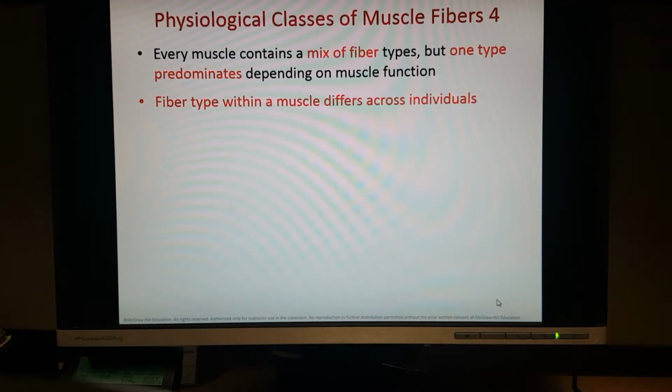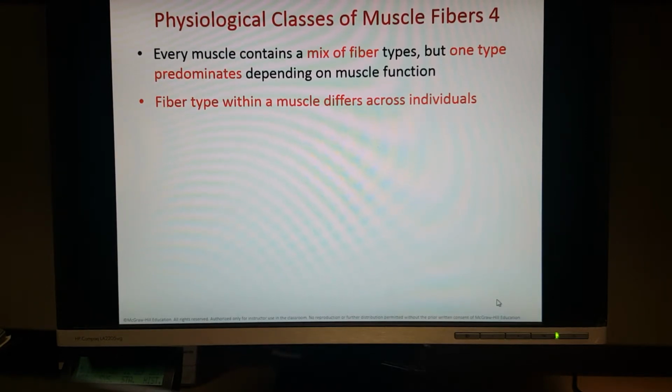All of your muscles contain a mixture of the two fiber types, but one usually predominates in a muscle depending on function. For example, your calf muscles mostly predominate with fast twitch fibers, but still have some slow twitch ones, for example for standing and maintaining your posture.